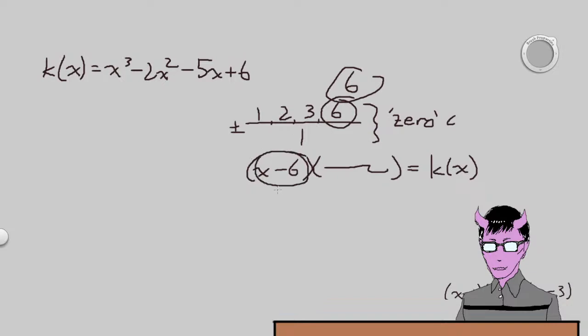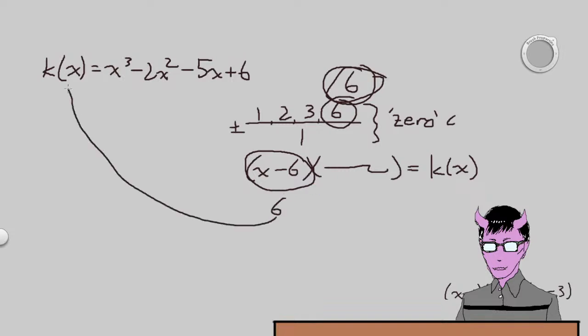So understand where this has come from. This has come from our candidate, this one. We're actually not sure if this is a factor. So how do we determine if this is a factor? There are multiple ways. You could actually, fun fact, you could just take the 6 and plug it directly in and crunch the numbers, and then if you get 0, it's a factor.